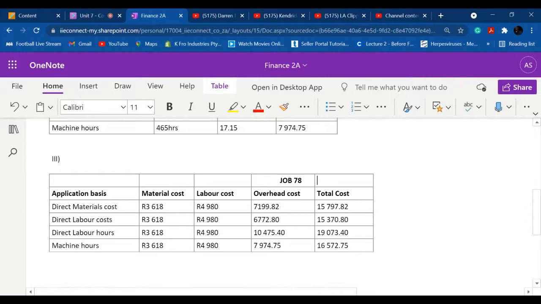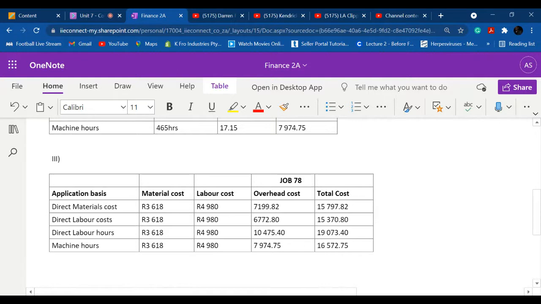Then you just add it with this given information. Either they'll give you the information as to the exact materials cost and the exact labor cost, or they'll tell you, we bought X amount of kgs of direct material. And then they'll tell you the cost per kg is 5 rand.